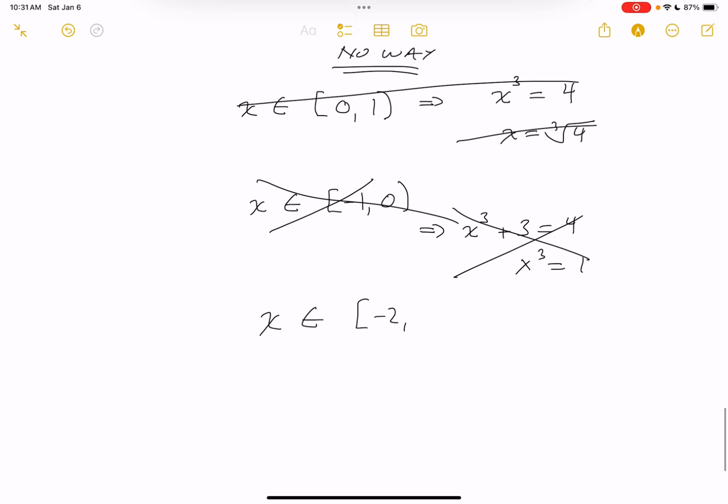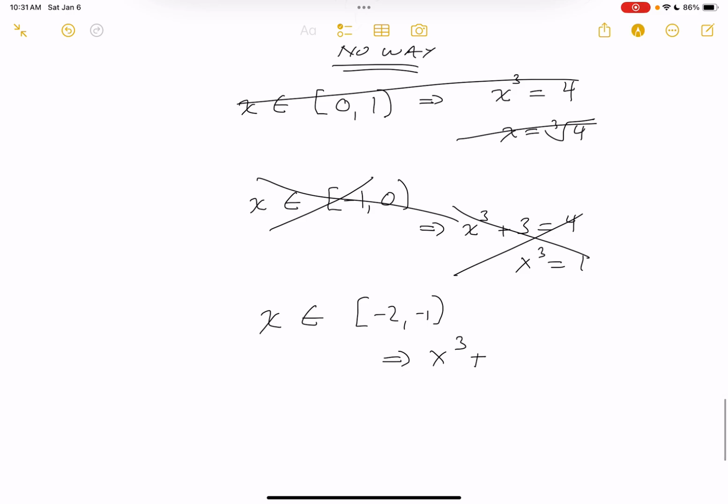That's going to be between -2 and -1. What do you get there? x cubed. It's going to be now, let's see what you get there. You get -2, so it'd be +6, right? Is equal to 4. x cubed would be -2.